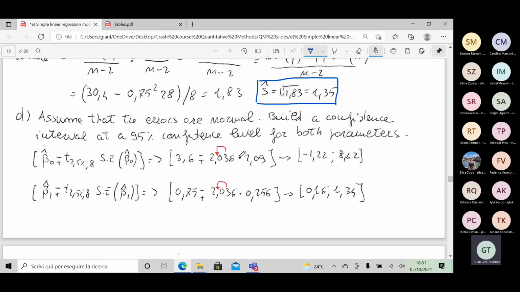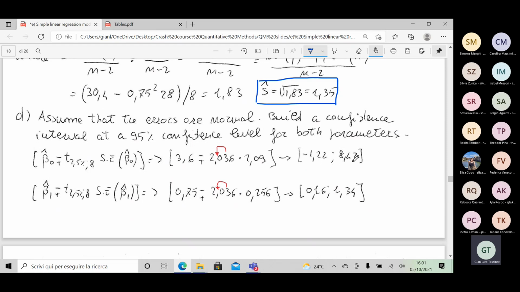Remember the order of the operations, okay? You have two cases, the one in which you have minus here and the one in which you have plus here. The first one I want you to compute is the case with minus, so you report it here, the lower extreme, and here the upper extreme, here the lower extreme, and here the upper extreme.